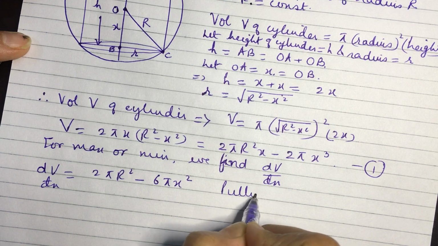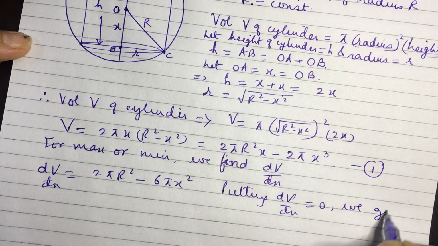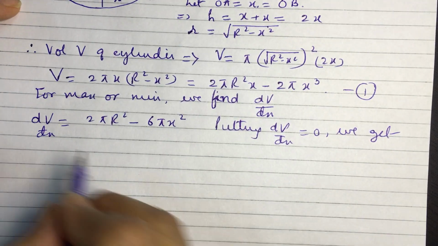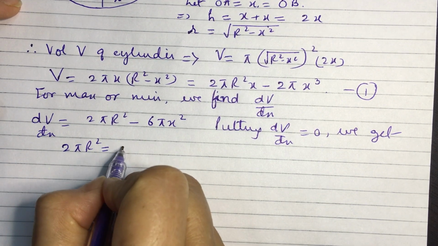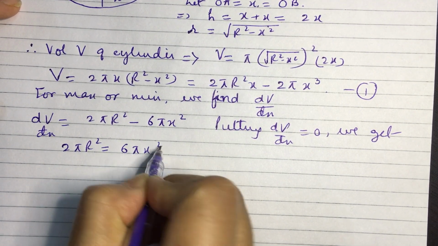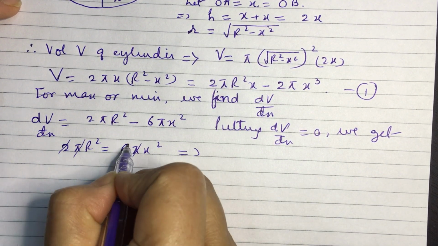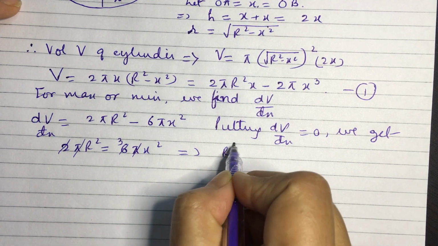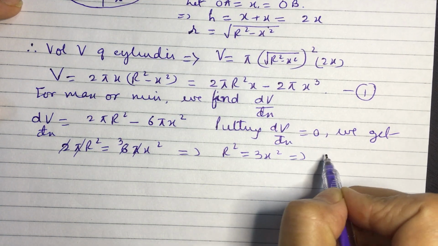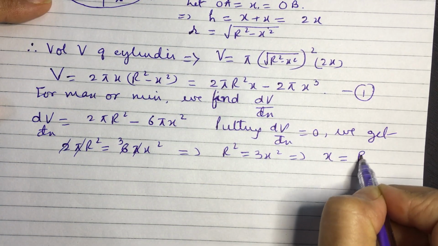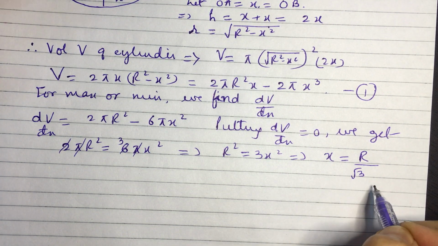Now putting dV by dx equal to 0, we get 2 pi r squared equal to 6 pi x square, and this gives us, pi gets cancelled, we get r squared equal to 3x square, and this gives us x equal to r upon root 3.